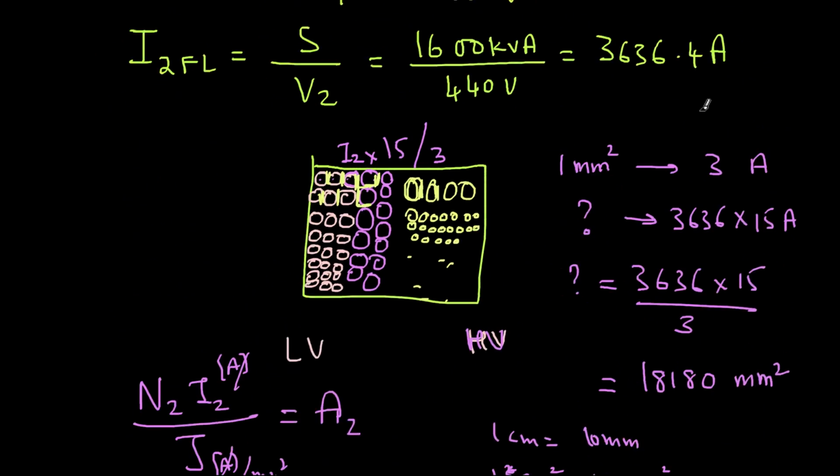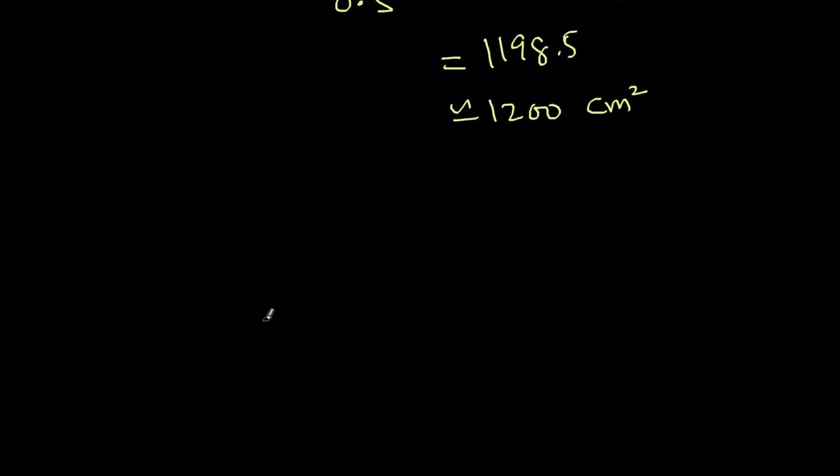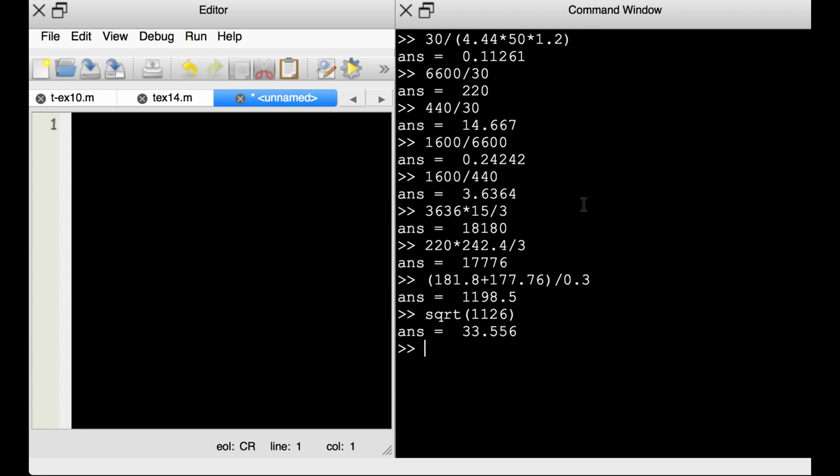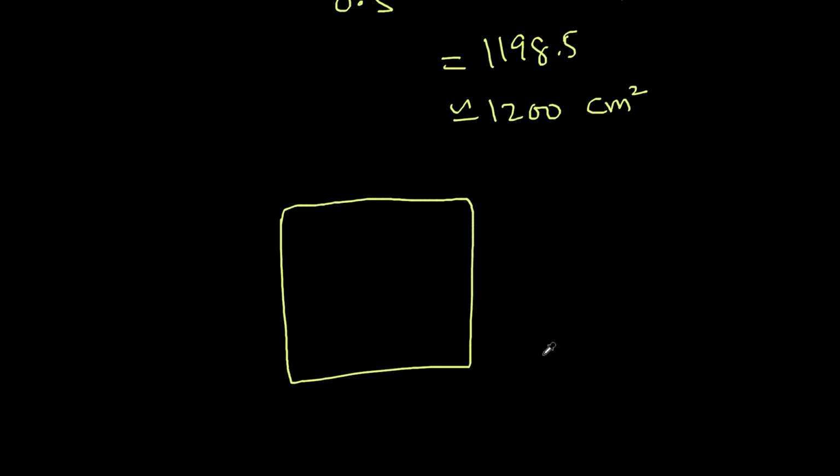So the core will have 34 centimeters as the side. By the way, how much is this length? If I again consider this as square shape, what is the square root of 1200? Square root of 1200 is again 34.6. So again I'll assume that to be 35.